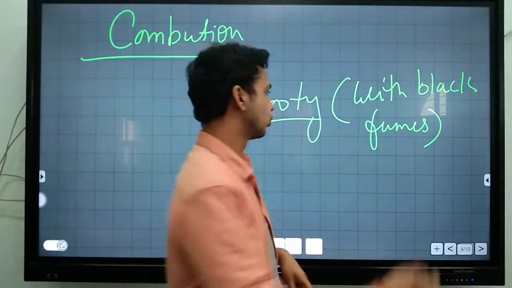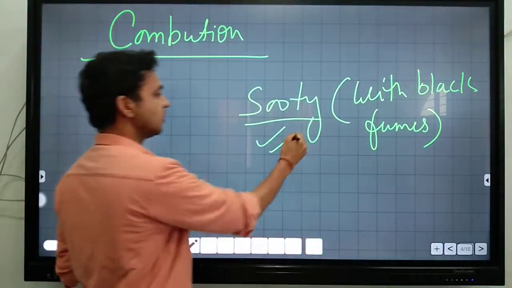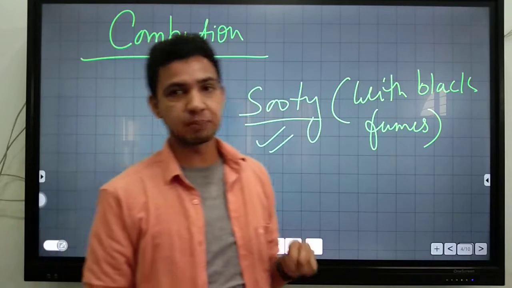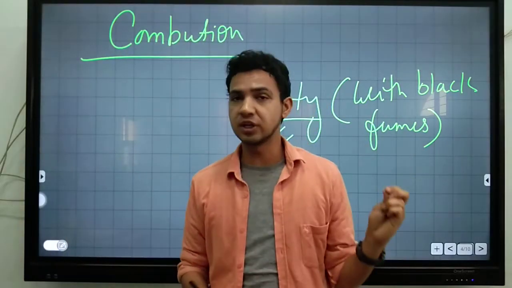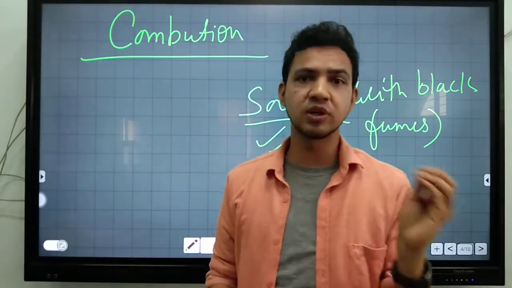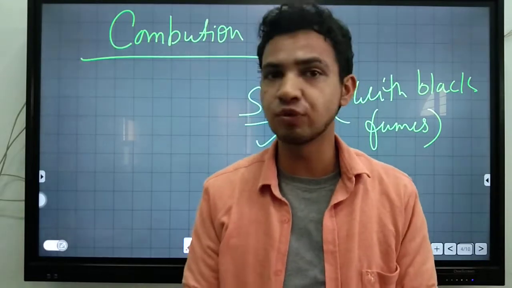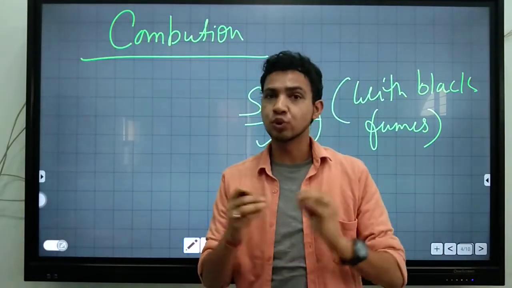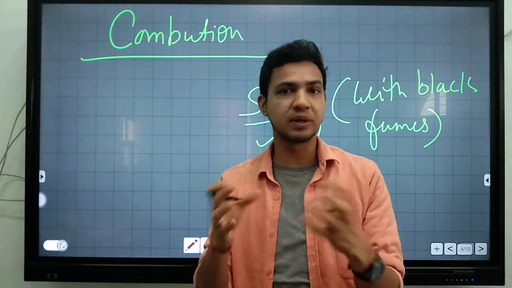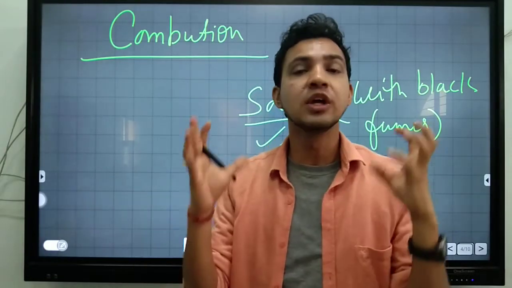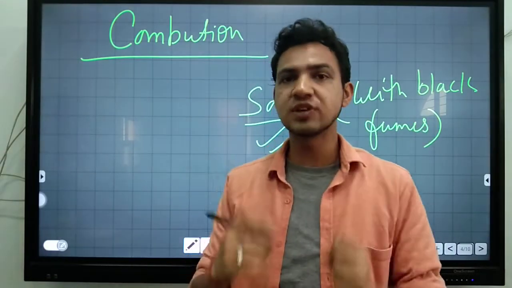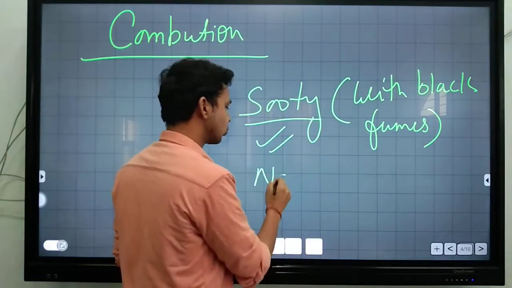That black color fume is known as a sooty flame. But to give you one example, if you start the burning process with LPG gas, which is generally used as a domestic gas for cooking, the LPG burns but does not liberate any black color fumes. So these are known as non-sooty flames.